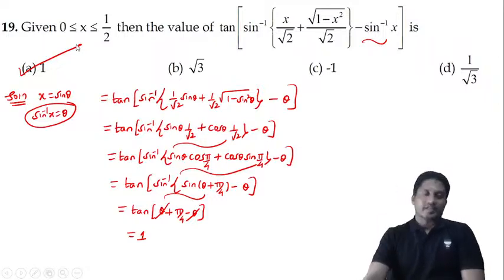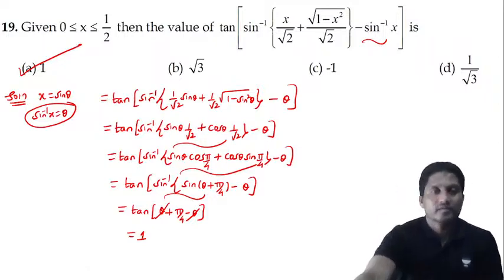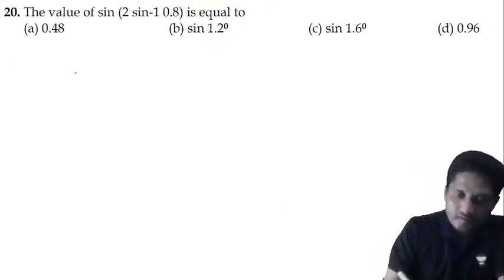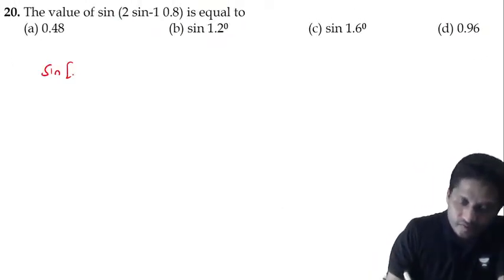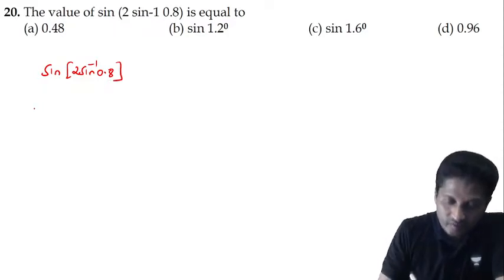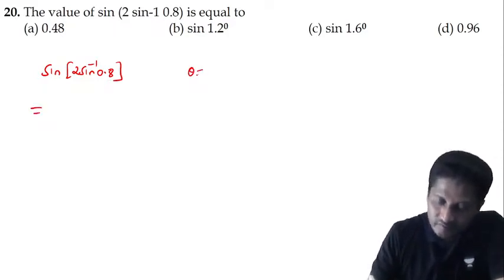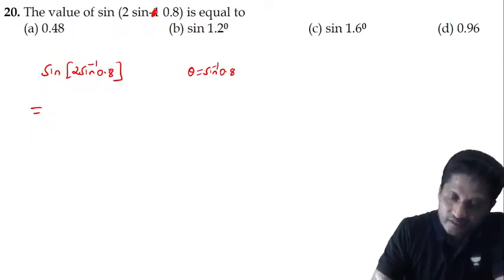We'll do one more question, guys, before I wind up. Right, now sine of 2 into sine inverse of 0.8. Okay, now what I'll do is I'm going to take theta equal to sine inverse of 0.8. There's an error here, this is inverse.